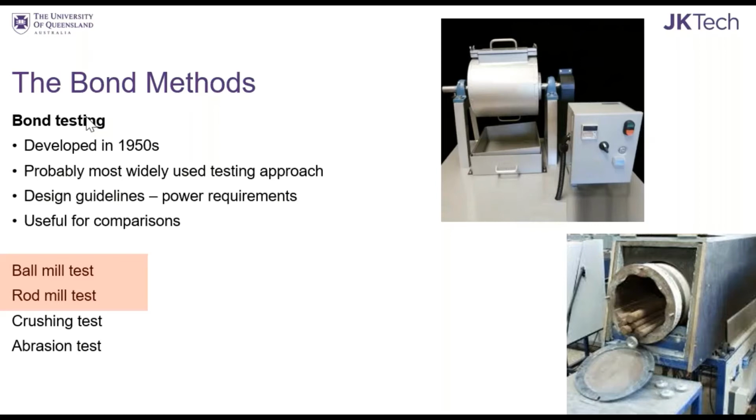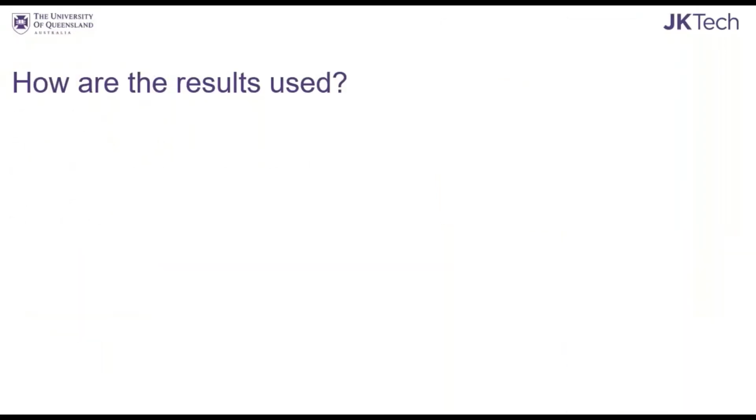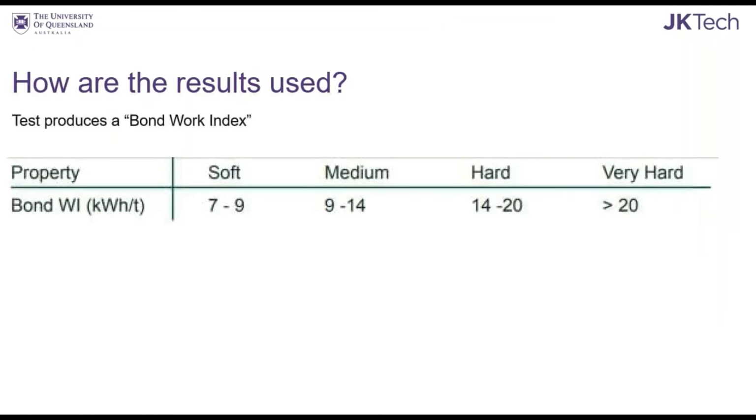What do we do with this result? Well, the first thing you can do is benchmark it. The result is put into the categories of soft, medium, hard, or very hard. So after this test, you can say if you've really got a hard ore or a soft ore.